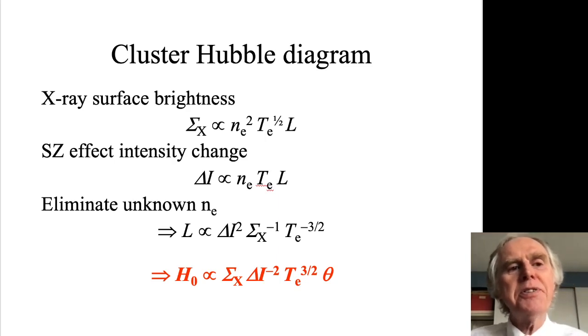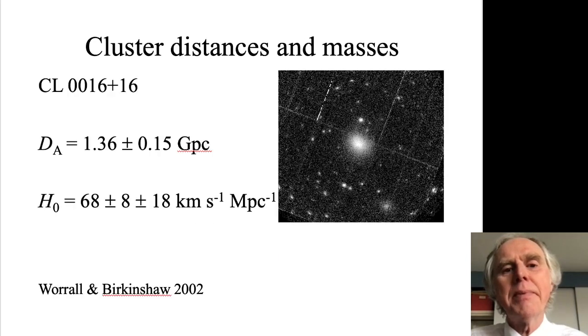And you can use this for each cluster individually. Here we've done it for 0016 plus 16 again. We worked out that the distance of the cluster was about 1.36 gigaparsecs. That gave us a Hubble constant of 68 plus or minus 8 kilometers per second per megaparsec.